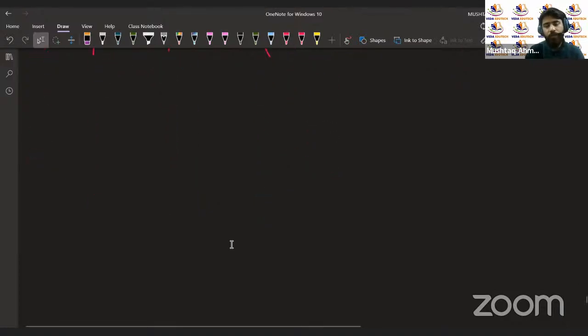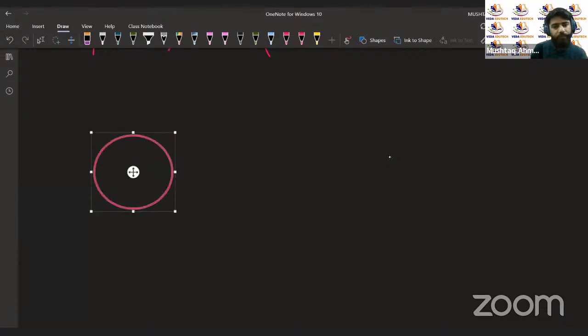Now let's suppose we have a conductor here. This is the conductor, and this conductor is uncharged.